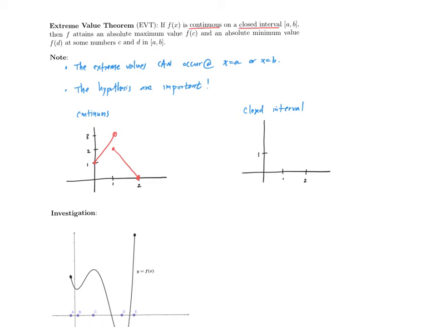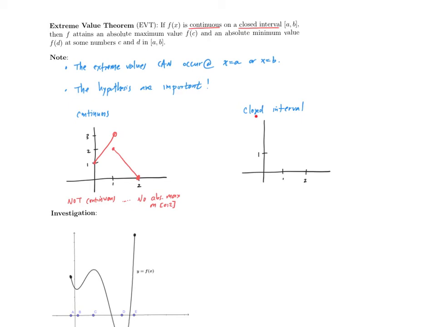So note in this case, this is an example of something which is not continuous. It has that discontinuity at 1. And there is no absolute maximum that occurs on this interval from 0 to 2. So the hypothesis of being continuous is very important.